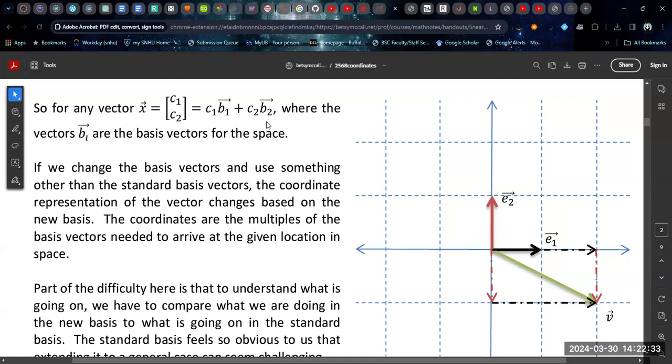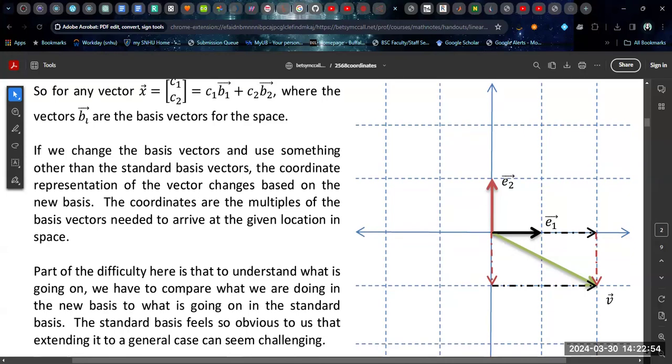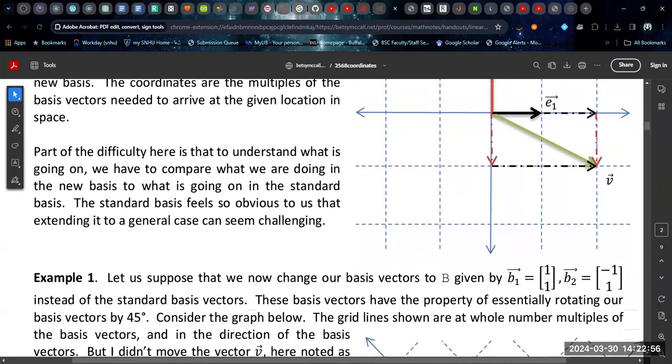If I change my basis vectors, then these coefficients will be a different point in space. Or if I want to represent the same point in space, I would need different multiples of the basis vectors to get to that point. That's part of the difficulty here: understanding what we're doing when we transform into a non-standard basis.